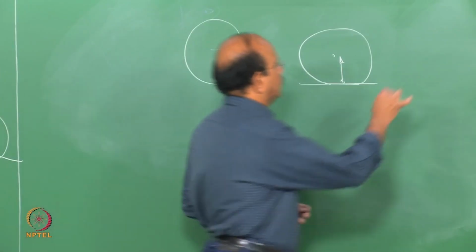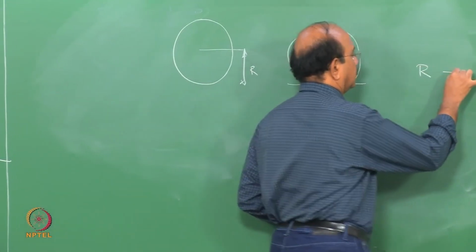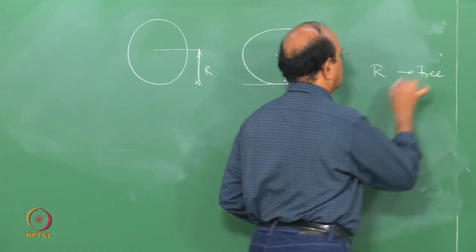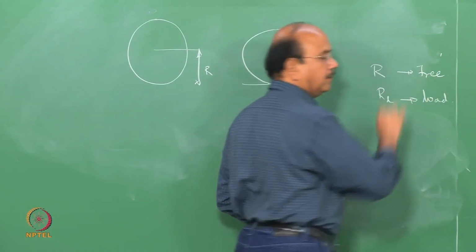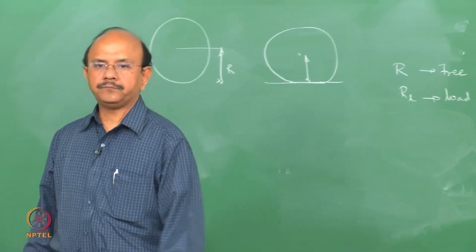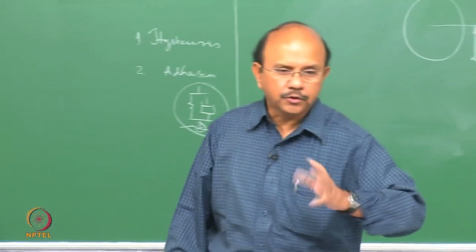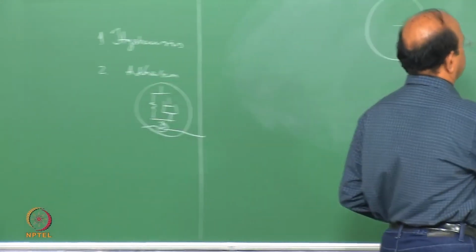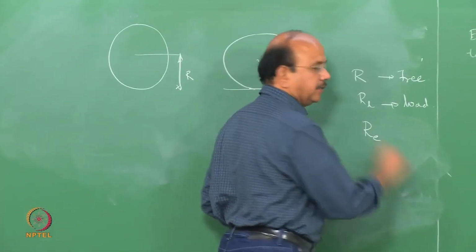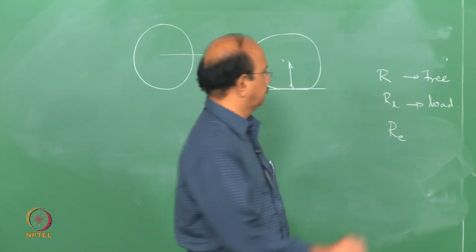So I have a free radius R, a loaded radius RL, and in between the two, what you do not see here is what is called an effective radius RE.